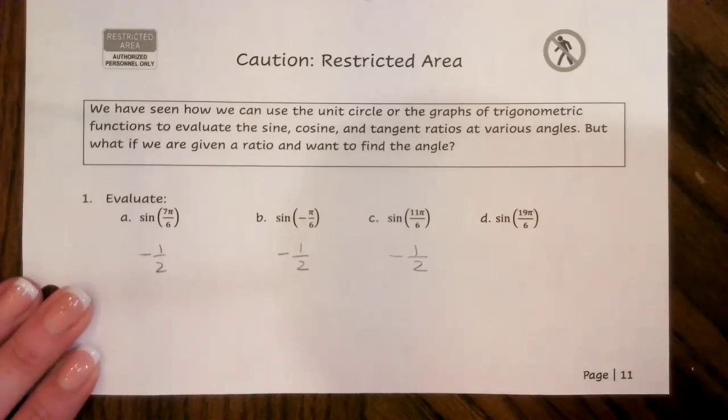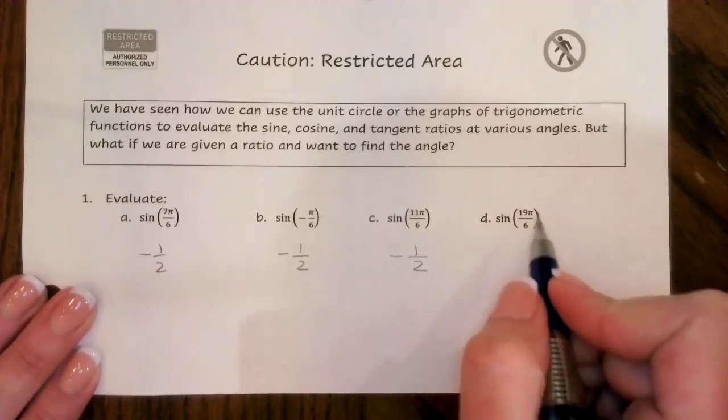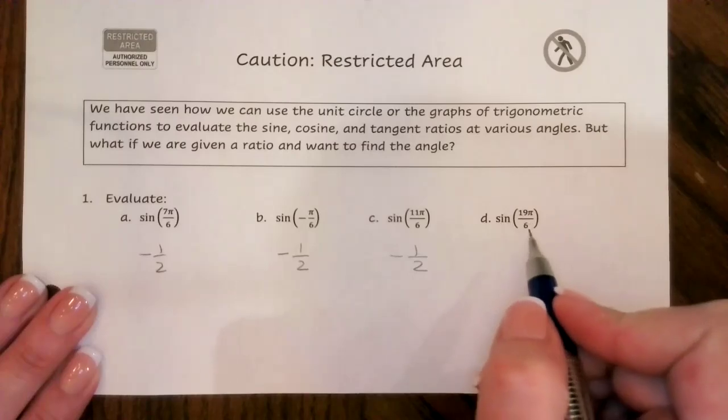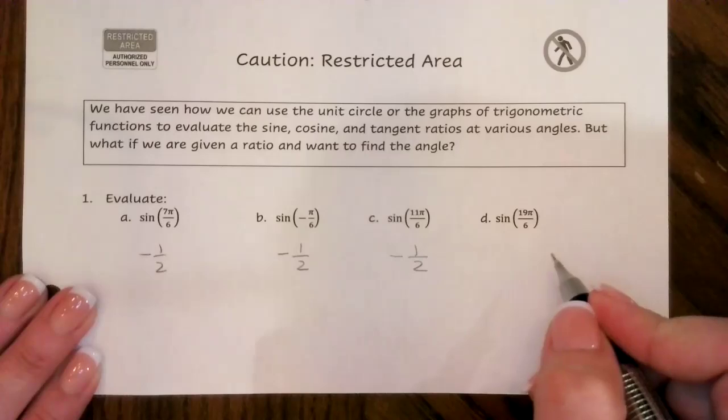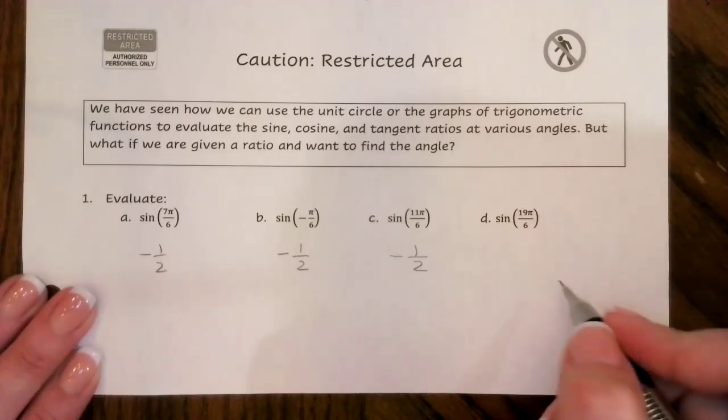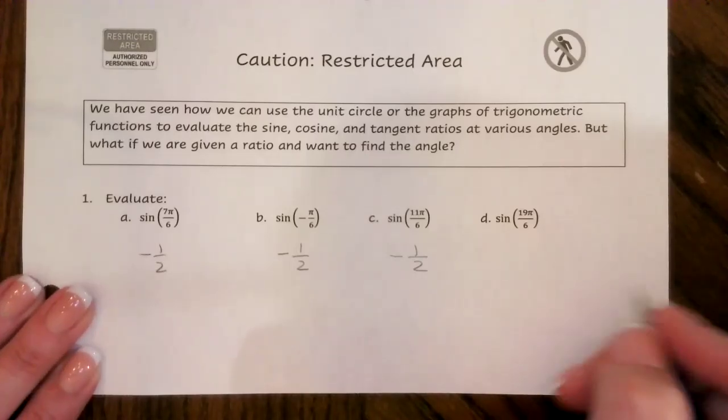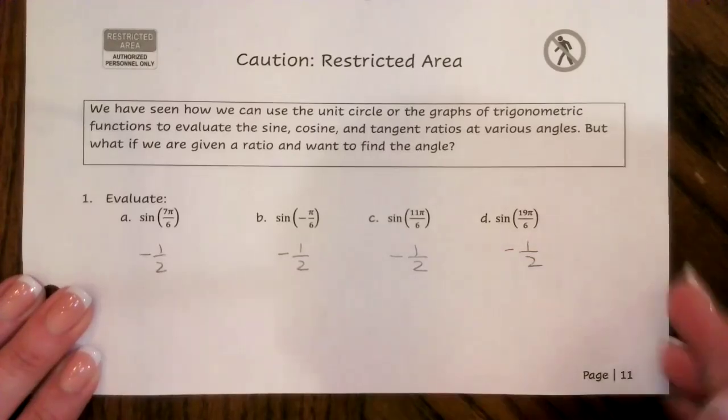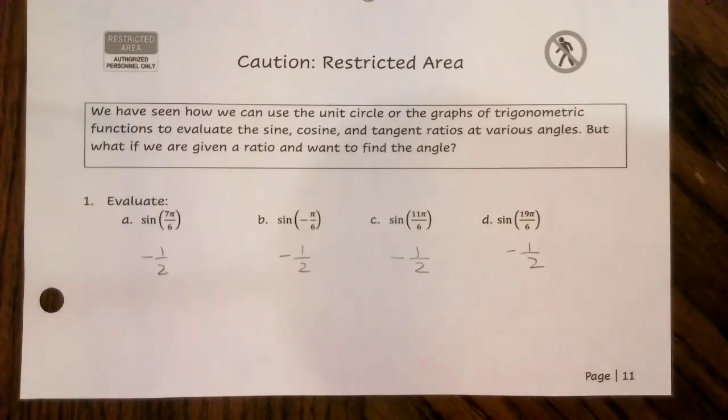And the sine of 19 pi over 6, that's 3 and 1/6 pi. So 1, 2, 3 pi's, and then another 1/6 of a pi would again give me -1/2 for the sine value. So we get -1/2 for a lot of the different terms there.